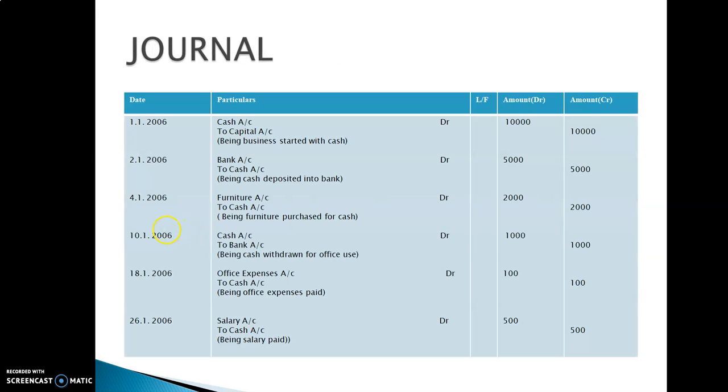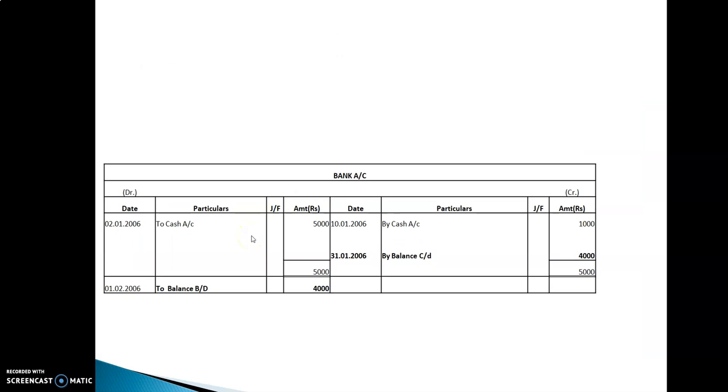Then next, 10th January, cash account debited to bank account. Here, in the bank account, we cannot write bank inside. So which account is left? Cash account. So in journal, cash is on debit. So in ledger, cash will be on the credit side, by cash account 1000.